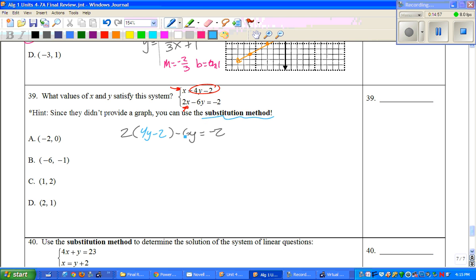This is our checkpoint because we need to make sure that we have only y's, which we do. So now we can distribute. You get 8y minus 4 minus 6y equals negative 2. Combine your like terms. 2y minus 4 equals negative 2.